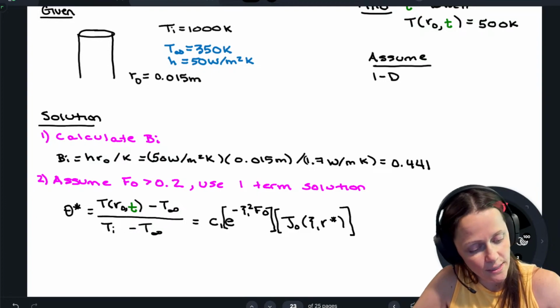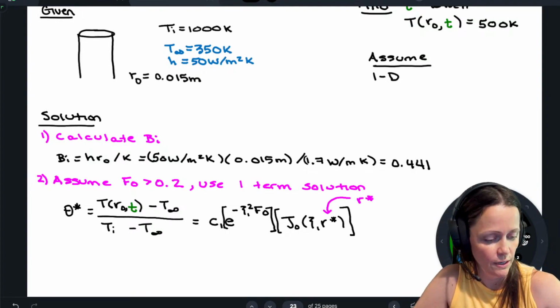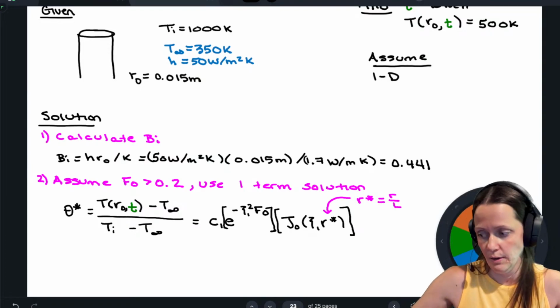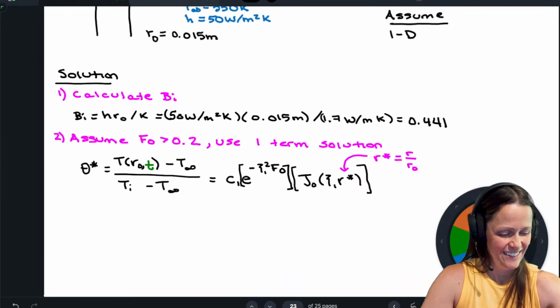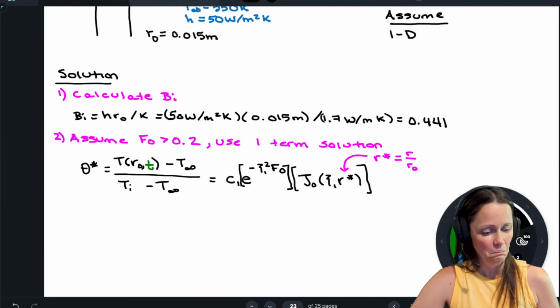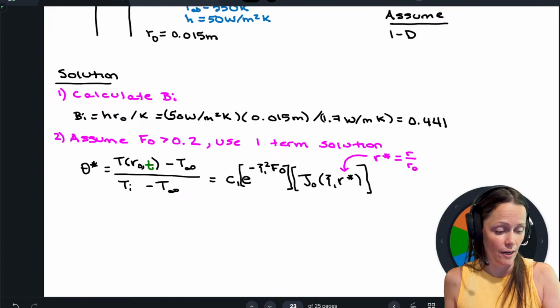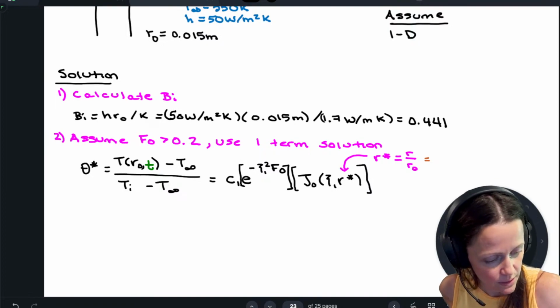Whereas x star was x over L, r star is r over r naught. Because we're talking about r naught, this is just 1 in this case.